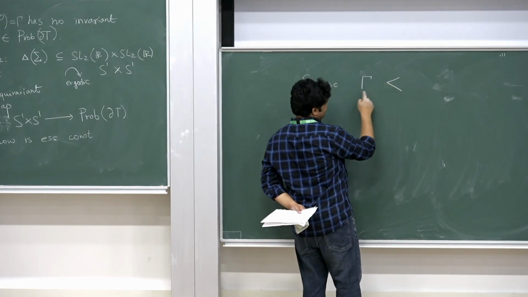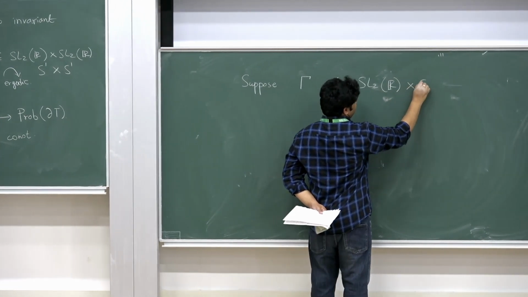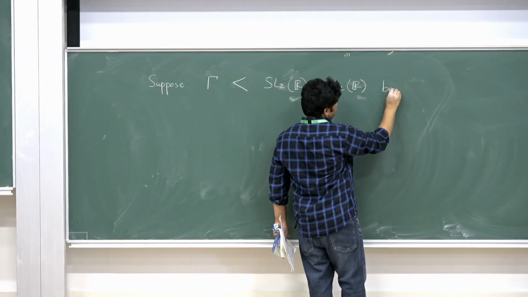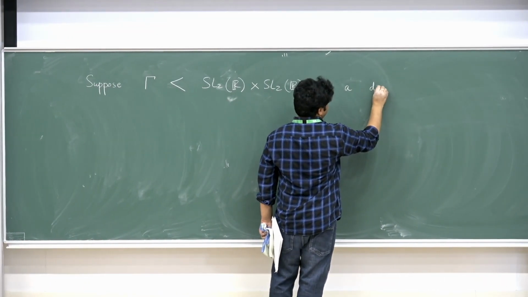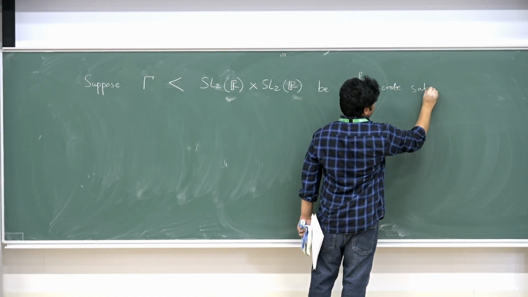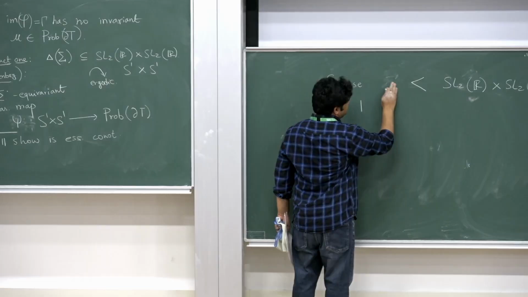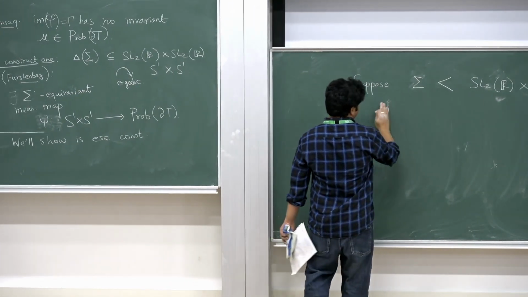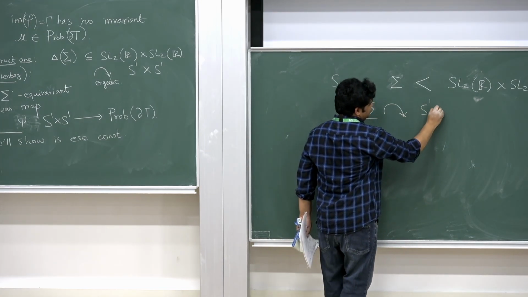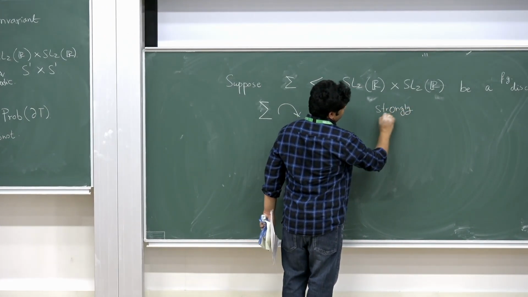Suppose gamma in SL2R times SL2R be a discrete subgroup, let's say finitely generated, which acts, let's call it sigma to be consistent with that, on S1 times S1 what we call strongly ergodically.